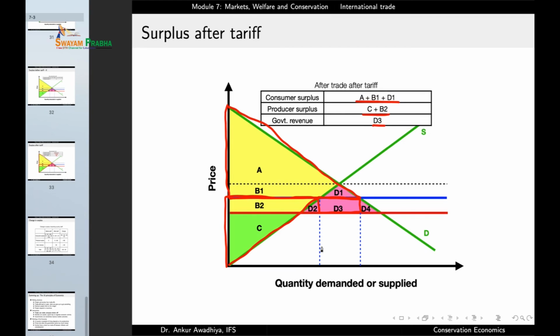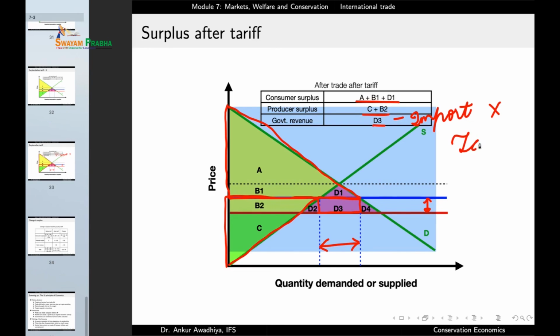Why? Because this is the amount of import and this is the amount of tariff. So the government revenue is import into the tariff. The more the amount that is getting imported or the higher the tariff, the more revenue the government will earn. So for each pen, the government was charging 2 rupees of tariff.